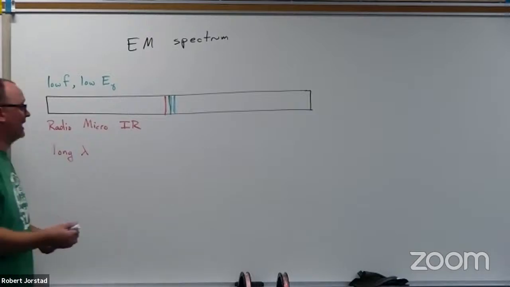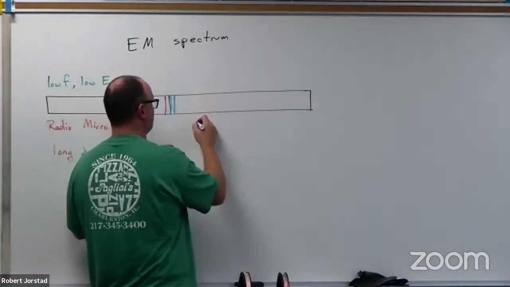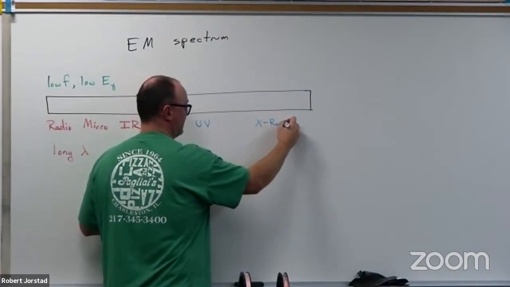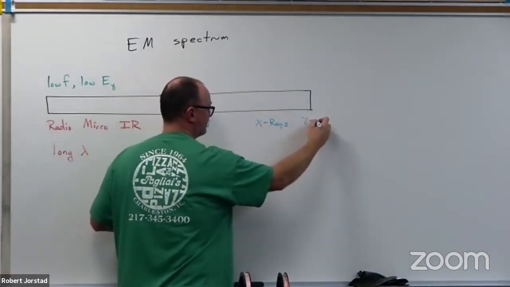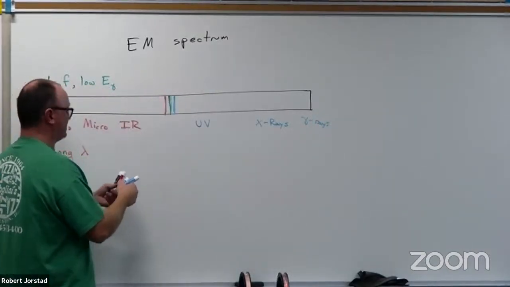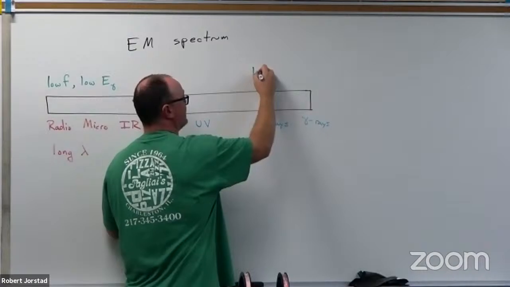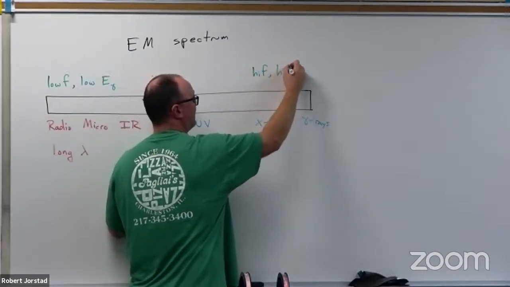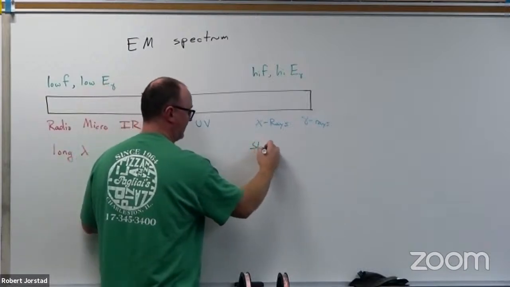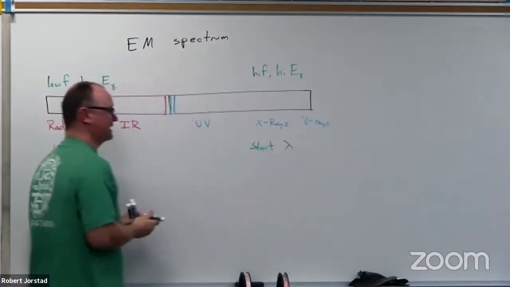At the other end, we're going to get stuff like UV and X-rays, or you could even get to gamma rays. In this case, these are high frequency, high energy photons, and these would be short wavelengths. So that's kind of crucial.